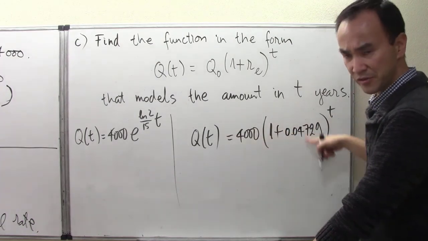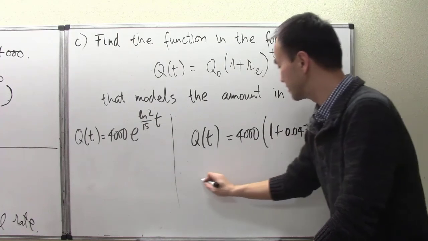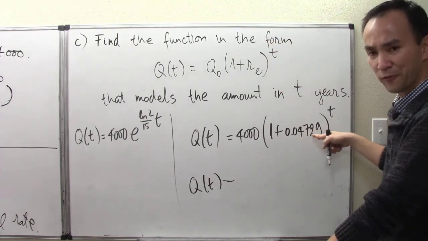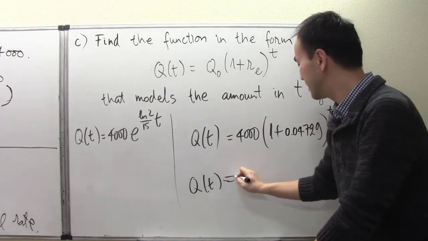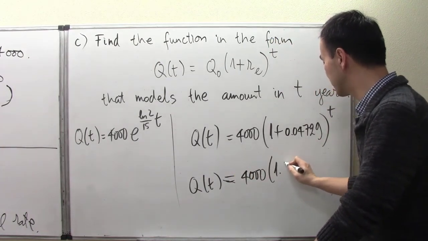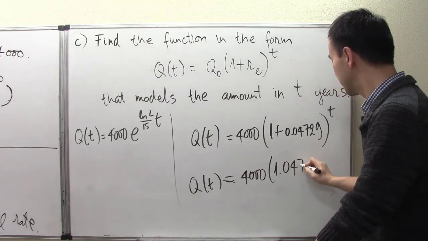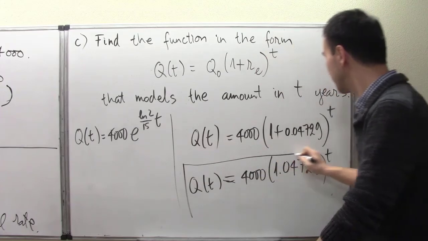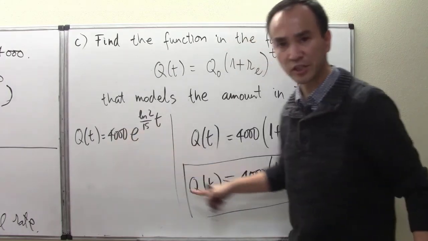That's our function. Then we can make it a little shorter by rewriting 1 plus 0.04729 as 1.04729, so 4,000 times 1.04729 to the t. Now we are in a completely different expression, but these are the two different forms.